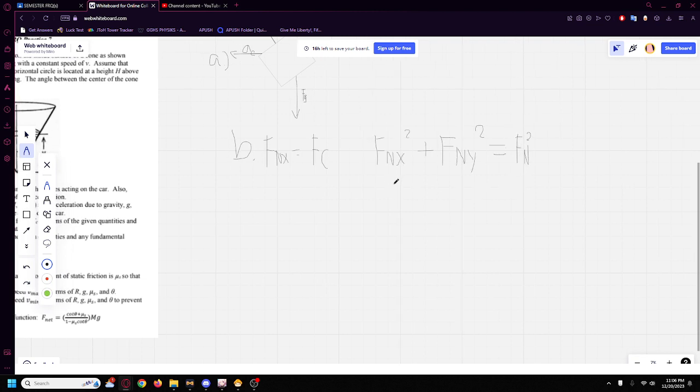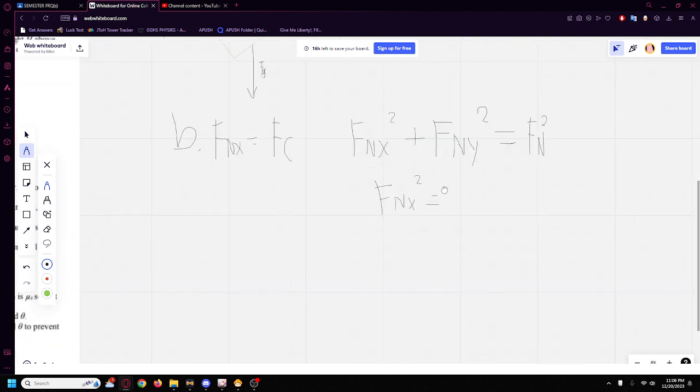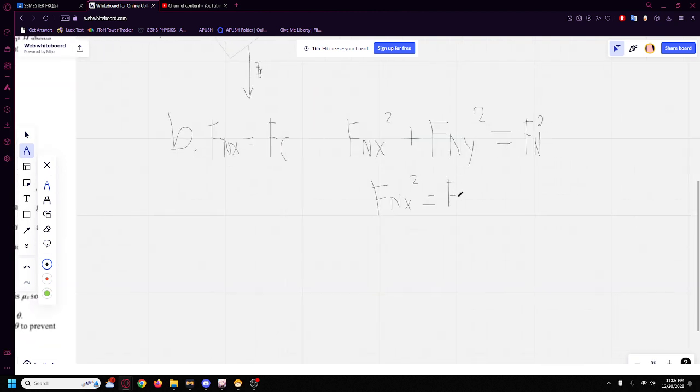So that means that F_N x squared is equal to F_N squared minus F_N y squared.